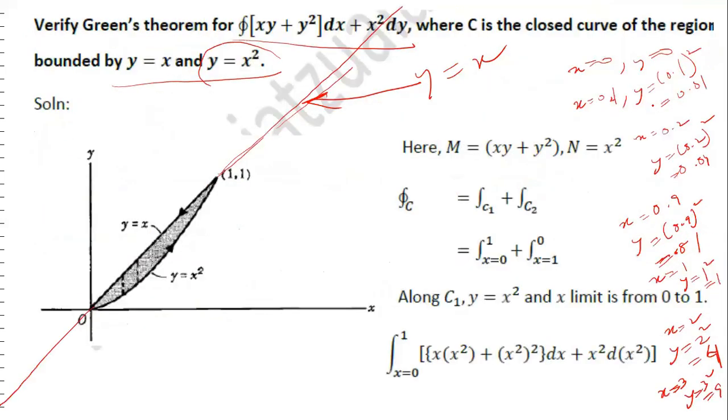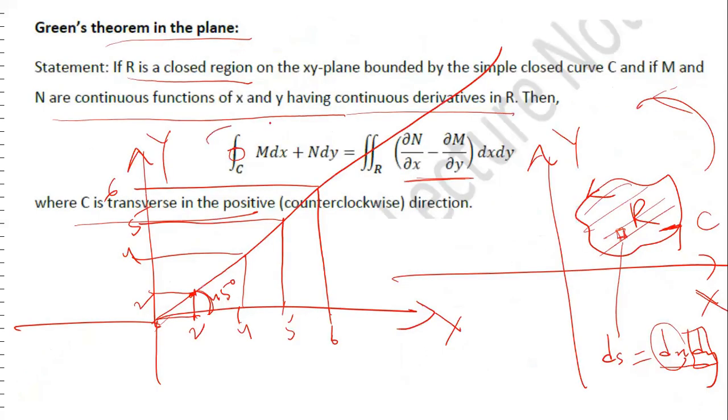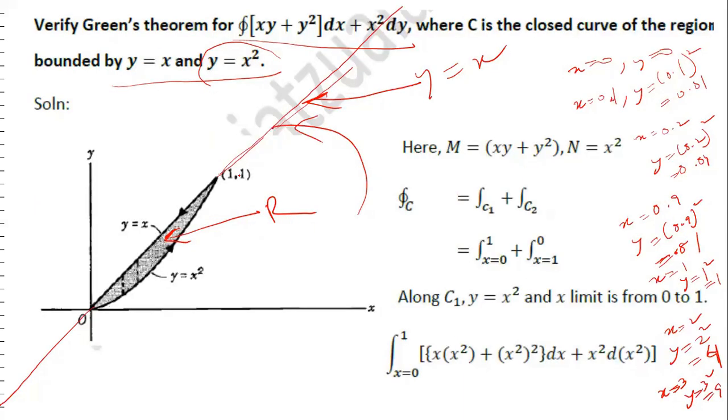So this is the region R we are going to consider, and we are going to consider counterclockwise, meaning rotating in the anticlockwise direction. So we have to perform the integration from this point to this point along this line and then come back to this point. That is the loop integration we are going to consider here, and it has to go in the counterclockwise direction.